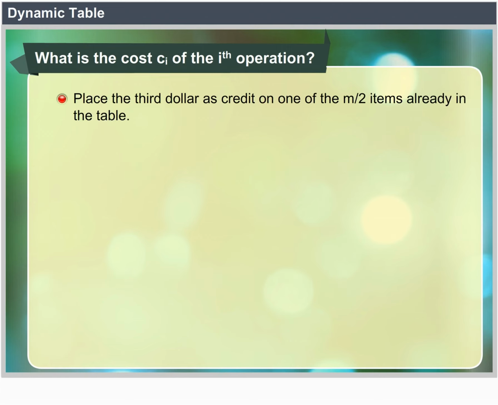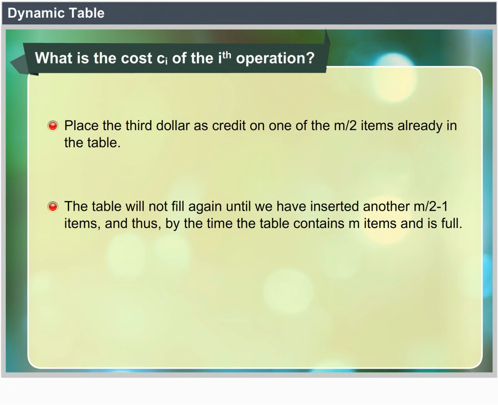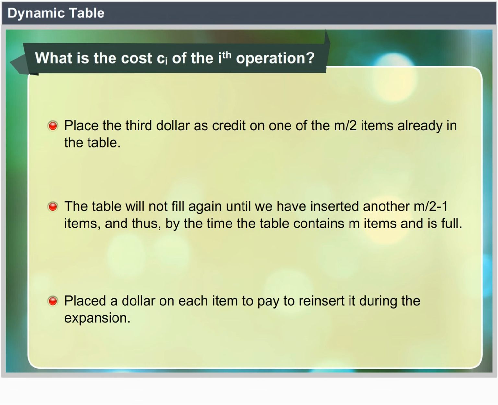Place the third $1 as credit on one of the m/2 items already in the table. The table will not fill again until we have inserted another m/2 minus 1 items, and thus by the time the table contains m items and is full, we place $1 on each item to pay to reinsert it during the expansion.